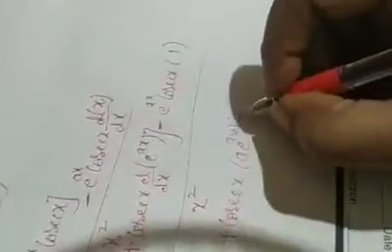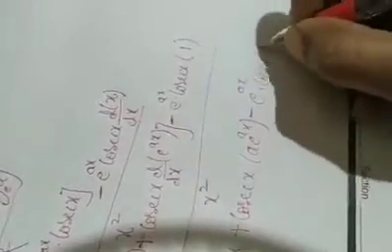E raised to ax derivative is a e raised to ax, minus e raised to ax into cosec x divided by the x square.